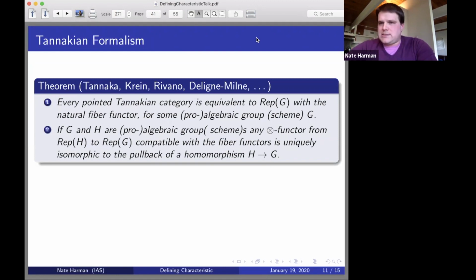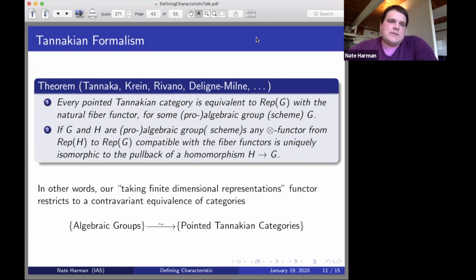Great, so this is Tannakian formalism, translated into the language I introduced on the last slide. This is saying that our taking-representations functor from groups to pointed Tannakian categories is actually an equivalence of categories from algebraic groups to pointed Tannakian categories.